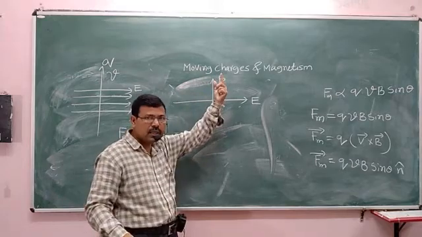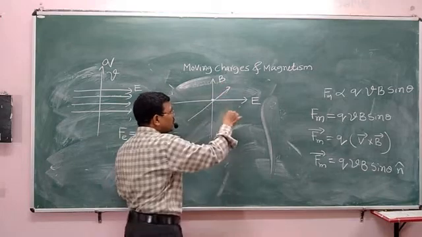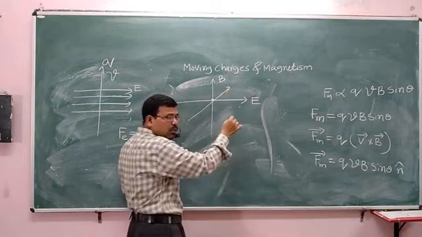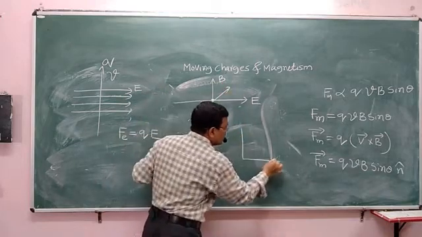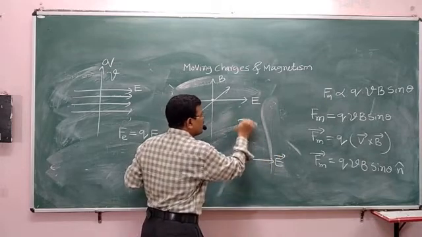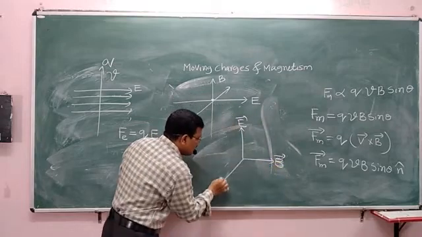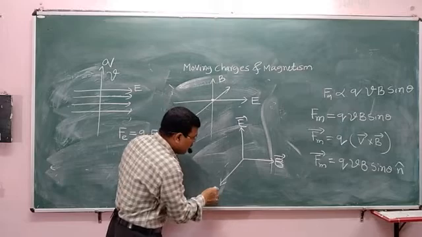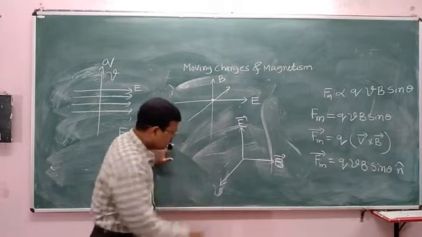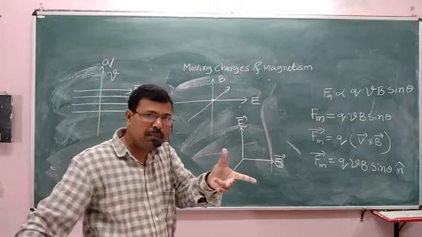Fine. So here is a crossed electric and magnetic field. Perpendicular to this, a charged particle is moving. Say, this is electric field, and this is magnetic field, and this is the charged particle moving. All three are mutually perpendicular.